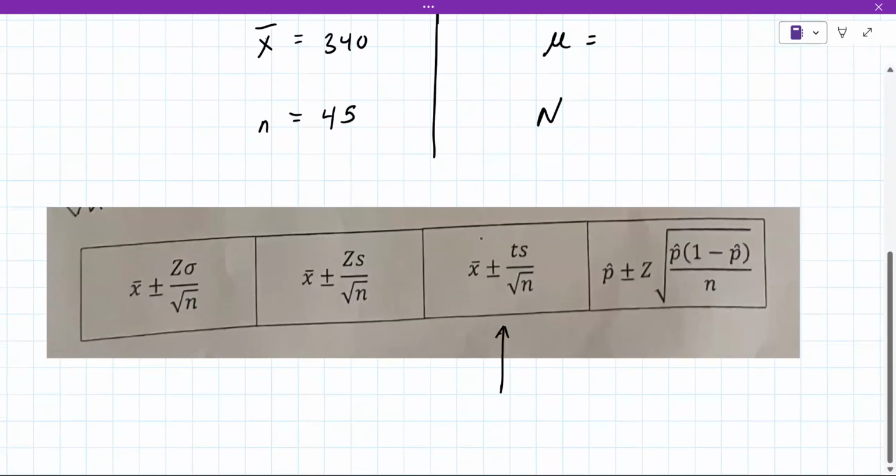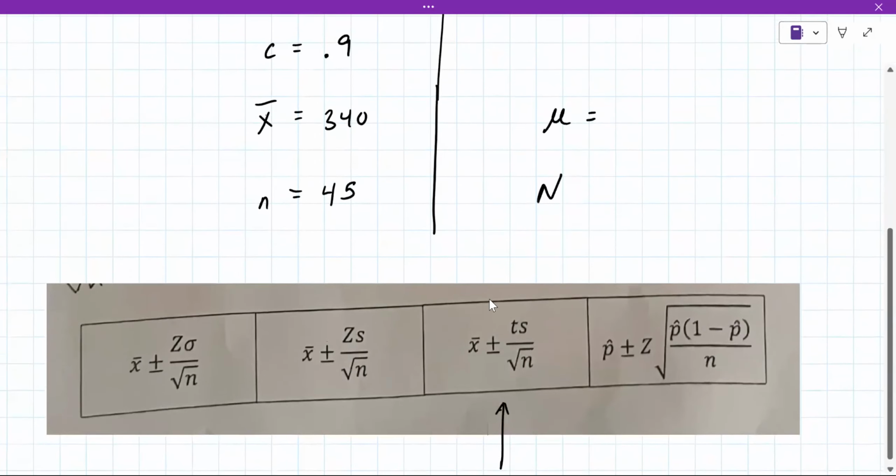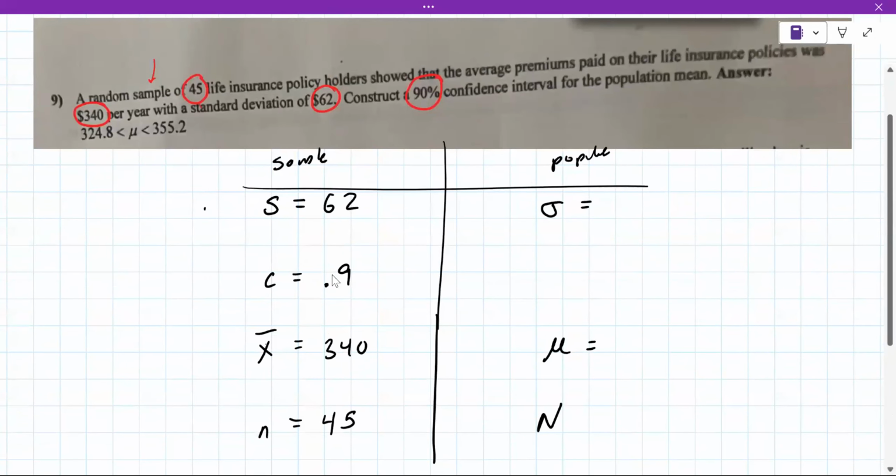Now you can also use your calculator, I'm assuming. Yes. Okay, so this is a t distribution. So this is going to be a t confidence interval. Do you have your calculator out and available? Yes. All right, I'm getting mine out, the virtual one here.